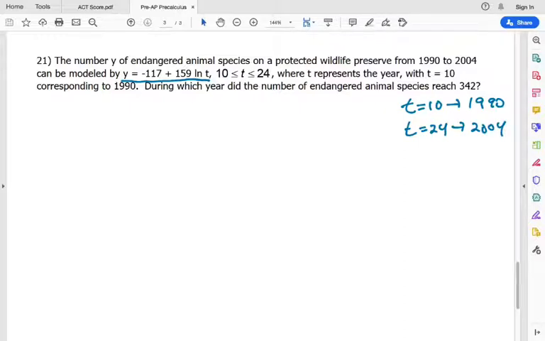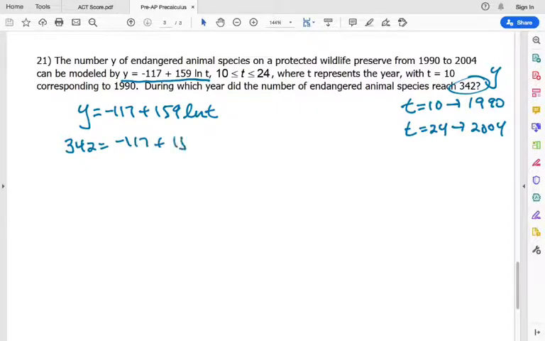During which year did the number of endangered species reach 342? So we're using this equation that they gave us, y equals negative 117 plus 159 natural log of t. And this 342 is our y value that we're going to plug in. So 342 equals negative 117 plus 159 natural log of t.